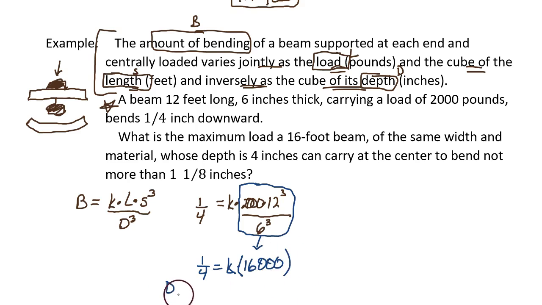Then we can divide both sides by 16,000 to get K alone. 1/4 divided by 16,000 makes 0.000015625. Now rewrite the original model, but this time fill in that value for K.